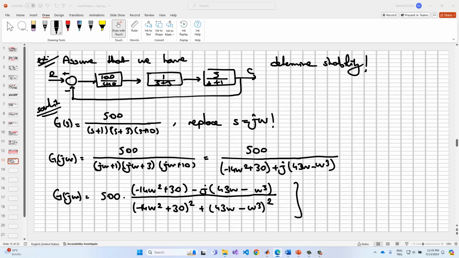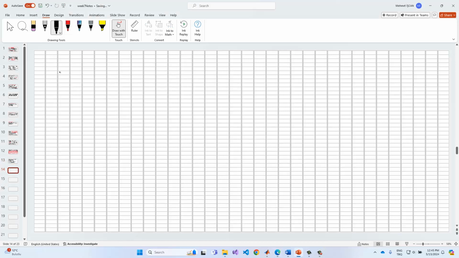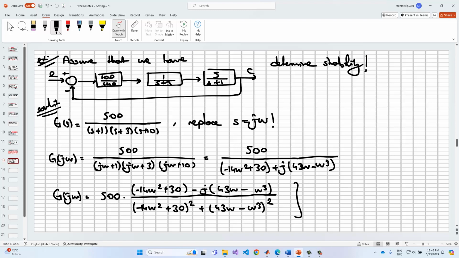Now we can analyze the system here, just like this one. We now have the frequency response characteristics, just like in the Bode plot, and so we can write that. These two formulas should be copied from here.